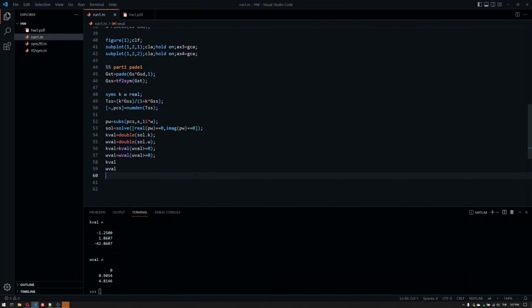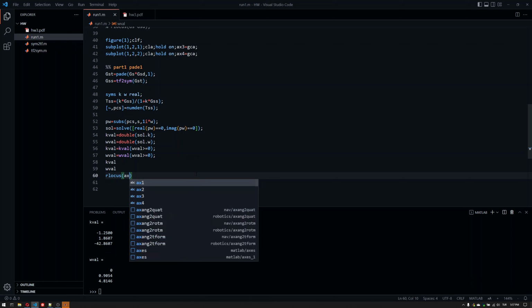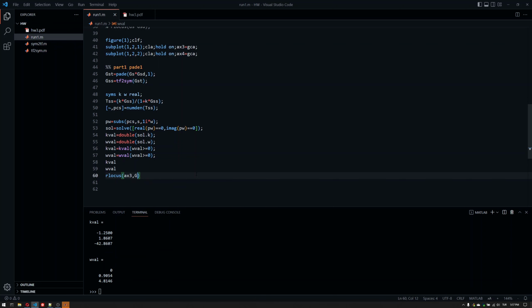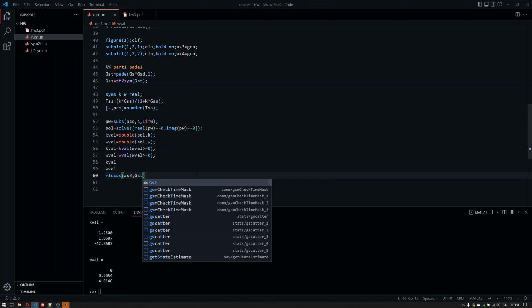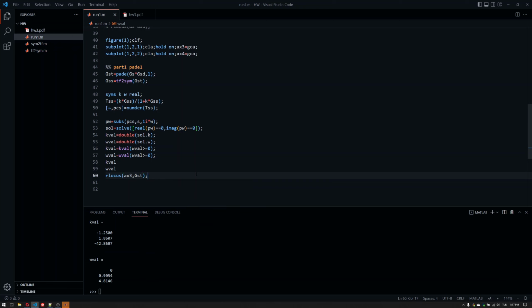So what I want to do is plot the root locus on AX3 of GST and AX4 minus GST. And whilst I'm doing this, I can just actually look for a 1.25 and 0.